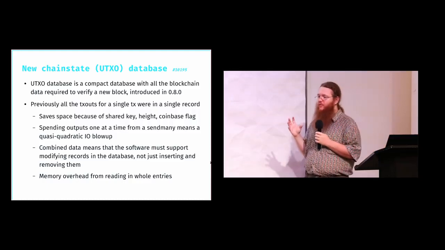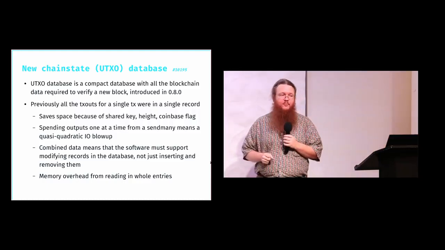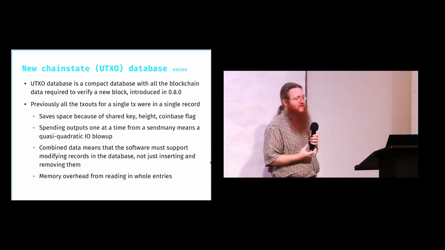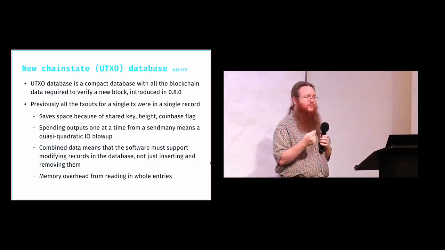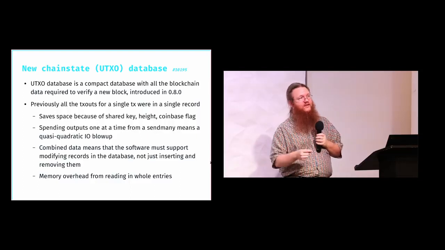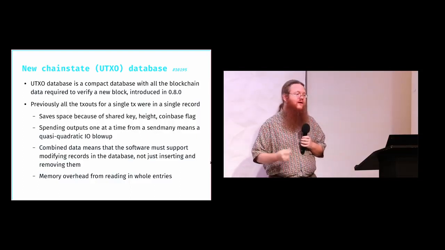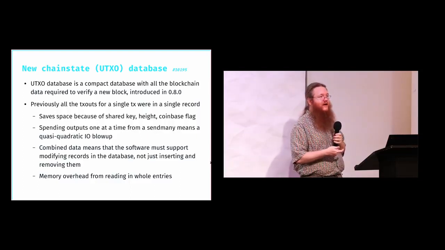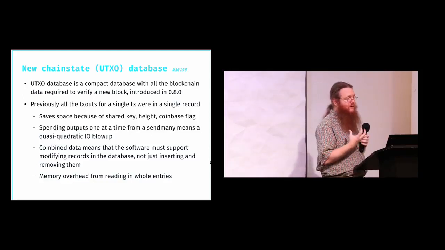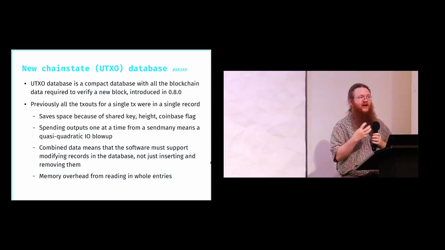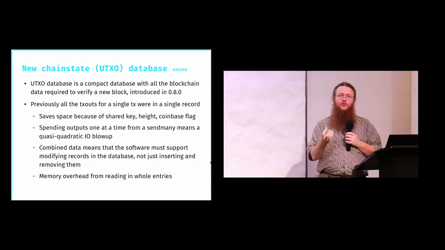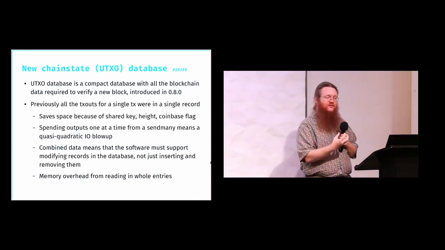So the previous structure, we often talk about it logically as a per output database. So this is a UTXO database. People think of it logically as individually tracking every output from every transaction as a separate coin in the system. But that's not actually how it was implemented on the back end. The back end system previously batched up all of the outputs for a single transaction into a single record in the database and stored those together.